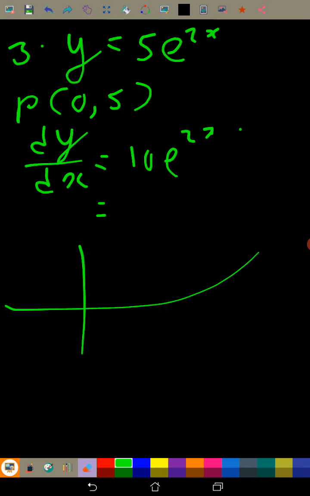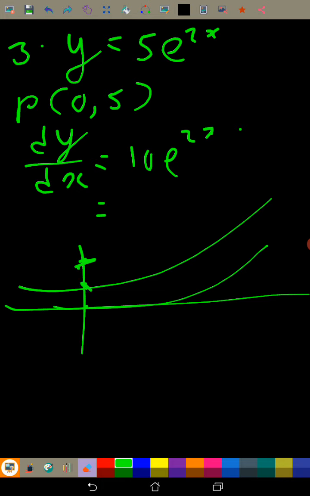So if we have this, this is just the line, 0, 5 here. That's 0.5, right?